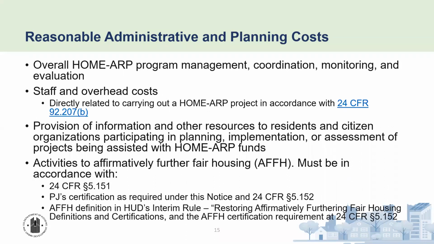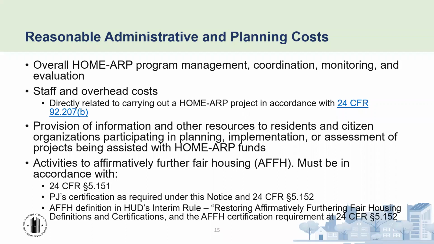What are reasonable administrative and planning costs? Well, these costs include reasonable costs for the management, coordination, monitoring, and evaluation of the overall HOME-ARP program, salaries, wages, and related costs of the PJ's staff.